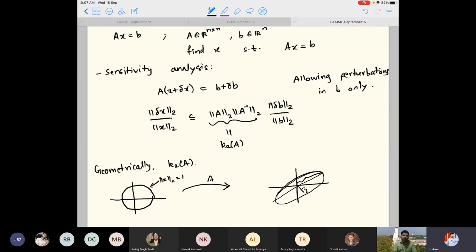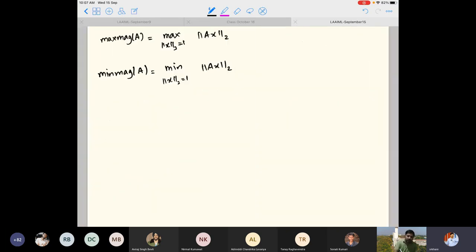We also saw last time that certain matrices, for example rotators, had this property: the maximum magnification of Q was equal to 1, and the minimum magnification of Q was also equal to 1. In fact, not only rotators, all orthogonal matrices have this property: the maximum and minimum magnifications are the same, one.